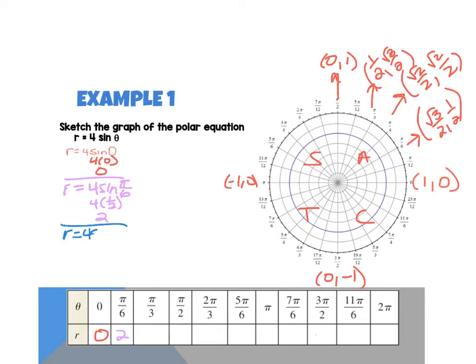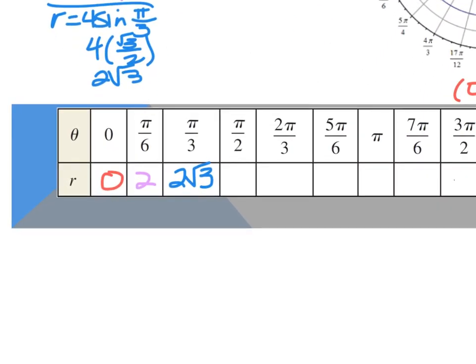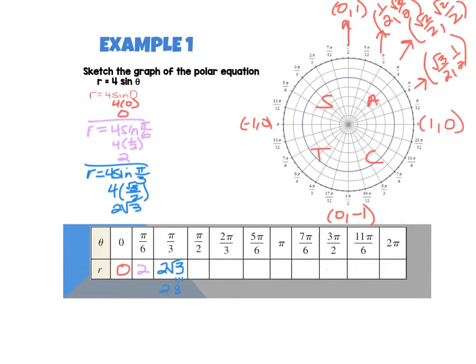R equals 4 sine pi over 3. 4 times root 3 over 2. 2 root 3, which we're going to approximate when we graph, right? So root 3 we say is like 1.4. This would be 2.8 when I graph it.